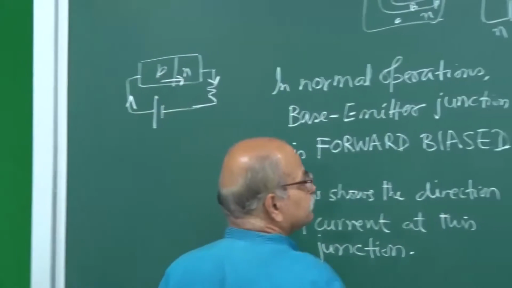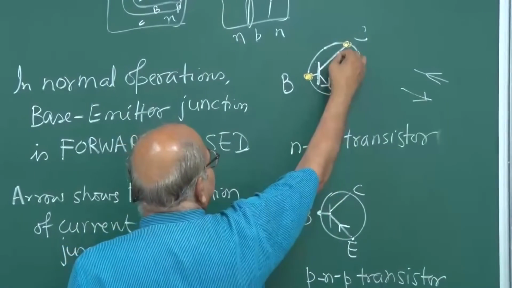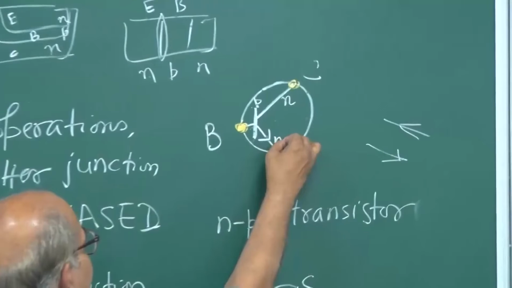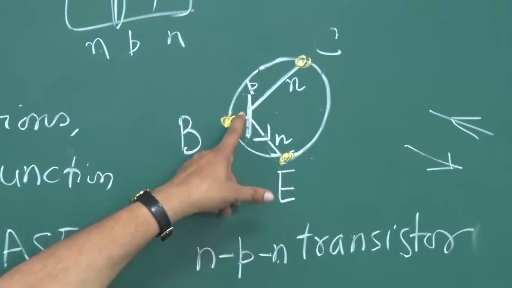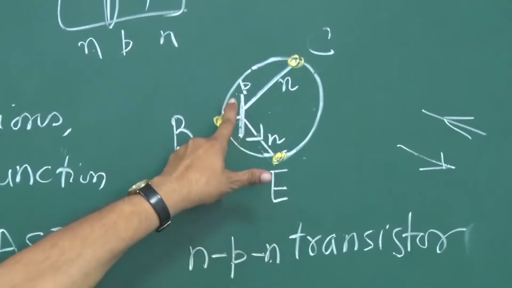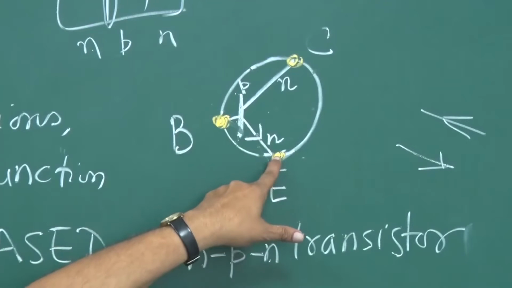And so it is. If this is an NPN transistor, then the collector is N, the base is P, and the emitter is N. So at this base emitter junction, the current should flow from P to N, that means from here to here, and therefore the arrow is like this.